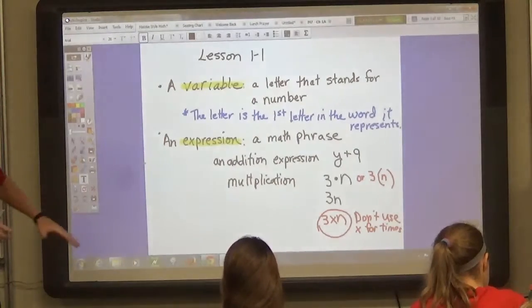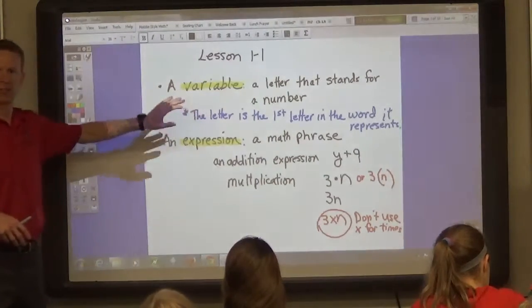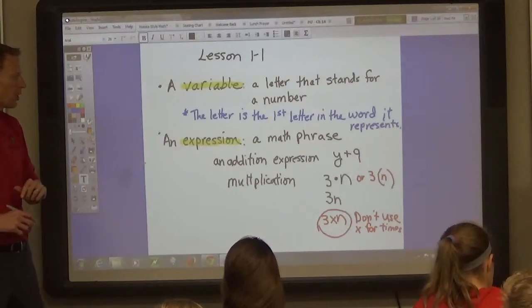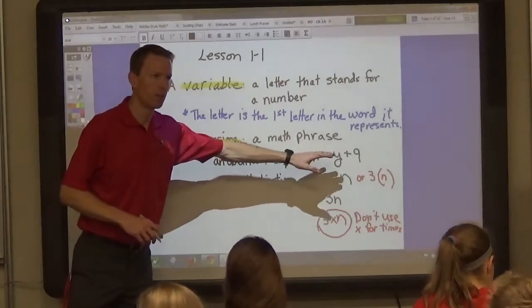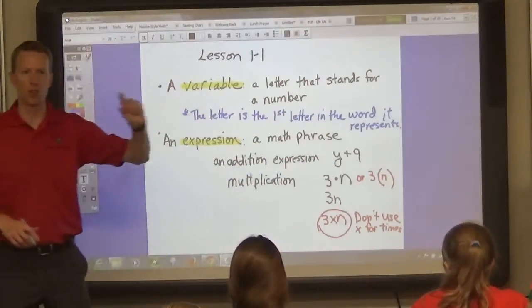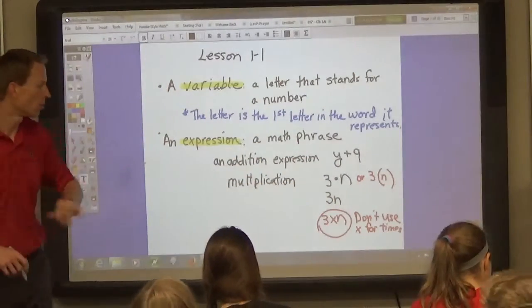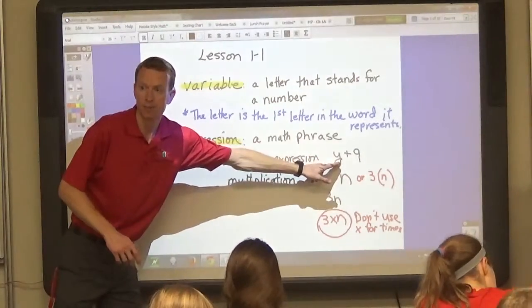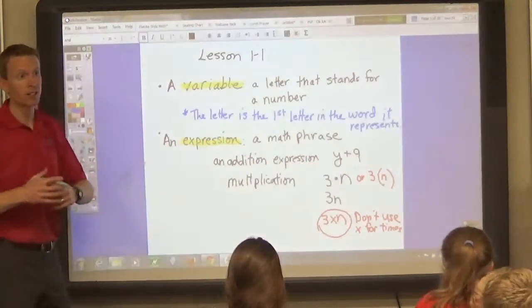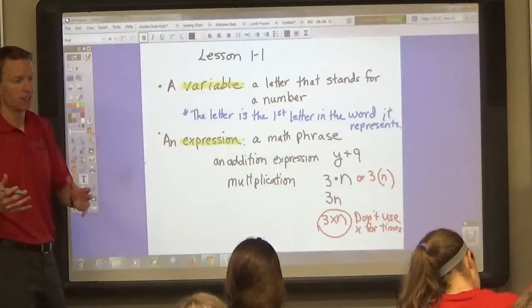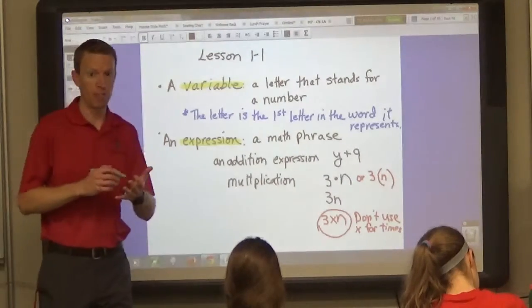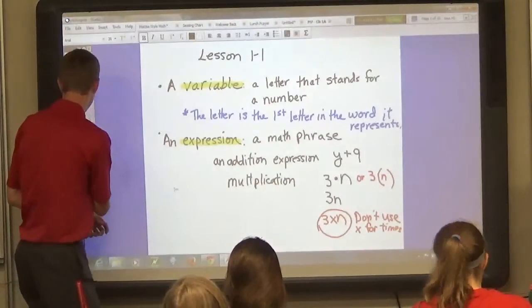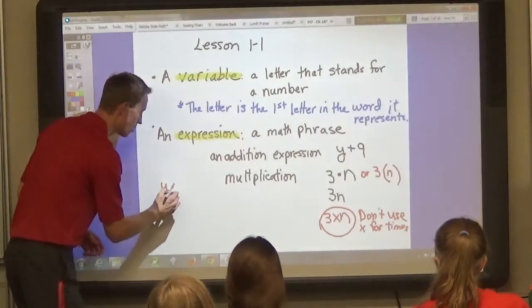If it says to define a variable, we usually define it by using a letter that represents the word that you're looking for. So, for example, if the letter being used is a Y, then somewhere, maybe in the problem, or maybe you're deciding what to use, Y could stand for a word that starts with Y.